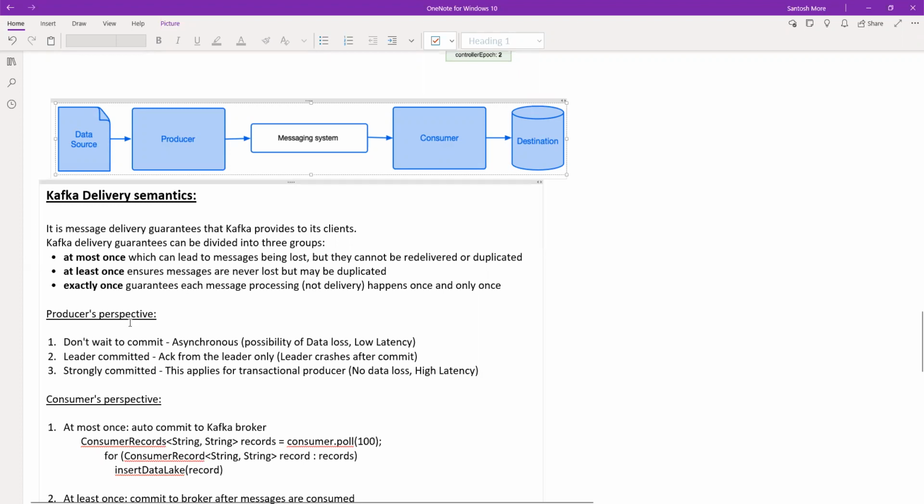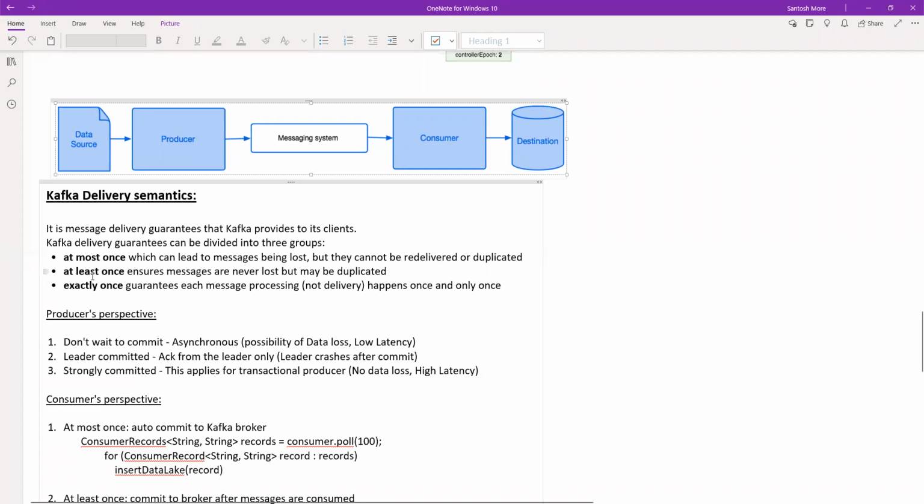And the second way is what they call at least once. In that case, whenever a producer publishes a message, it waits for that message to be written at least to the leader's commit log. When it is written successfully to the leader's commit log, it will respond back with an ACK.